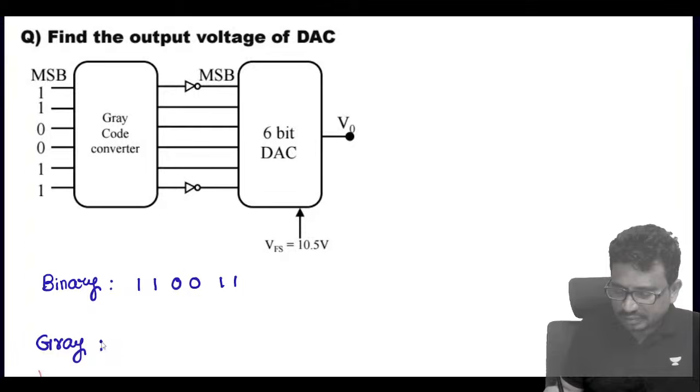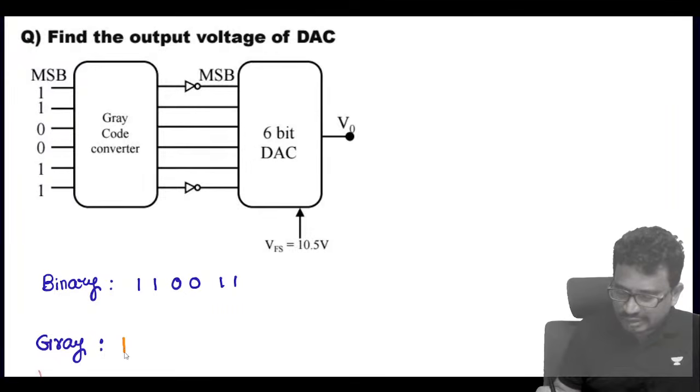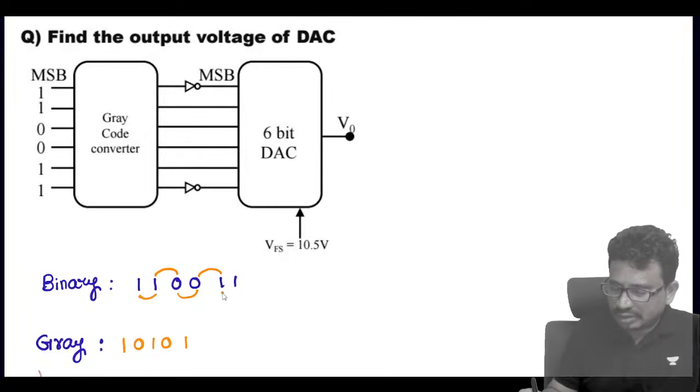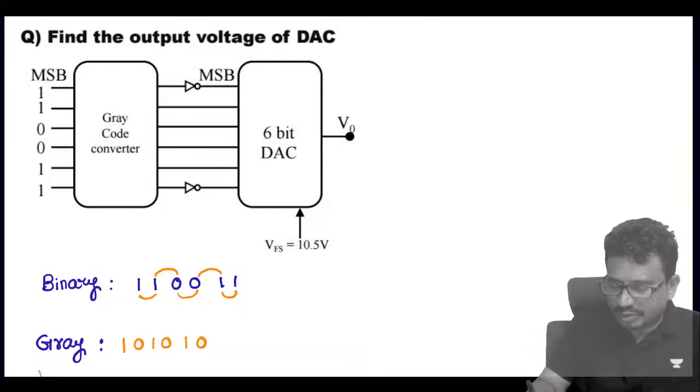How do we get the gray code for this? The MSB we write as it is, and then we XOR these two, which comes to 0. Next, the XOR between these two is 1, these two XOR is 0, these two XOR is 1, and these two XOR is 0. So this is the gray code. The output here is 1 0 1 0 1 0.